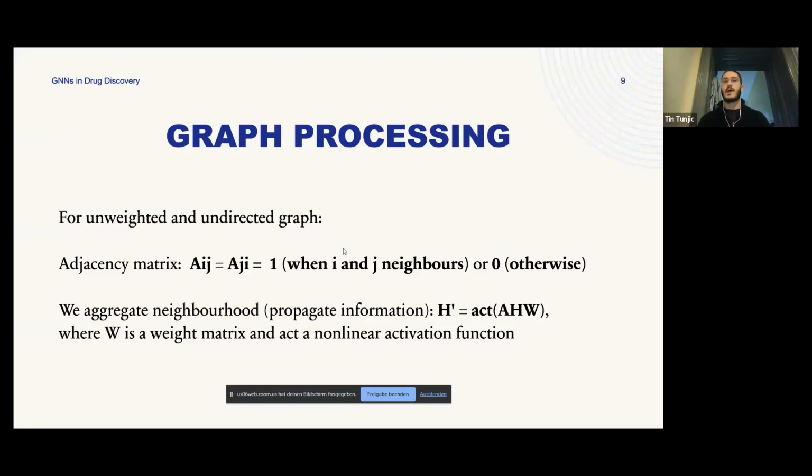We obtain this matrix and call it the adjacency matrix, and with this you have the information about which nodes are neighbors to which nodes. We aggregate the neighborhood, so the propagation of the information, by multiplying this adjacency matrix times h, which in the first layer is x_i, the latent representation, and this weight matrix. And then we also have a non-linearity, an activation function, so that we have non-linearity in the latent representation.